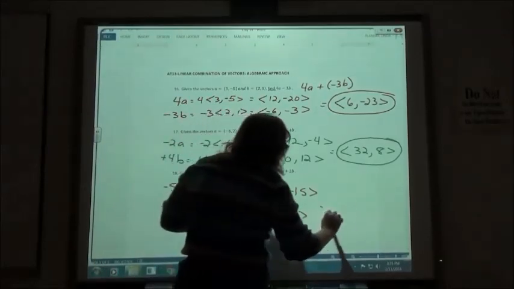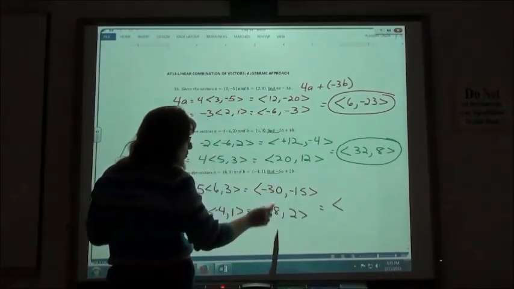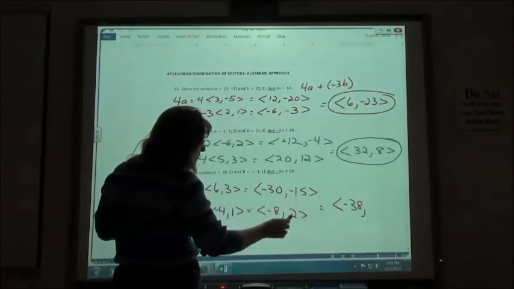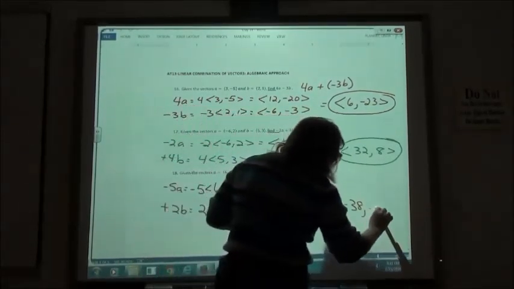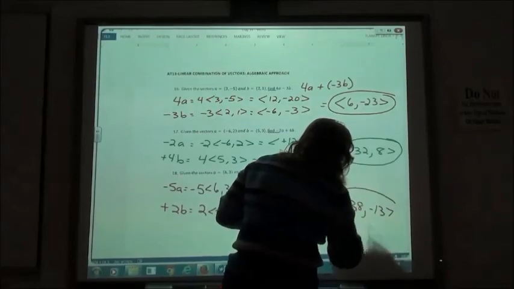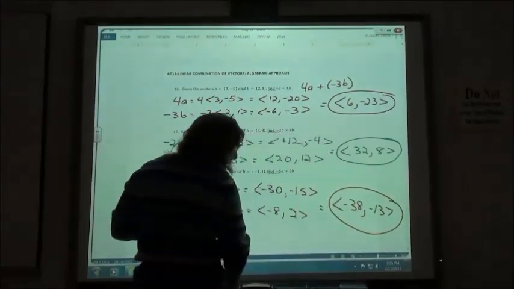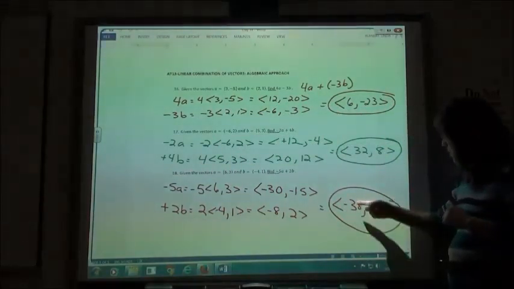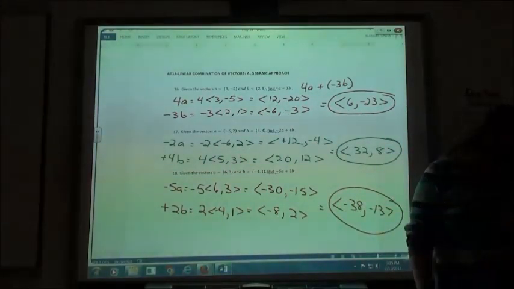Adding those two answers together, negative 30 minus 8 would be negative 38. Negative 15 plus 2 would be negative 13. And so now I have negative 38 and negative 13. And so that's just going to be my answer.